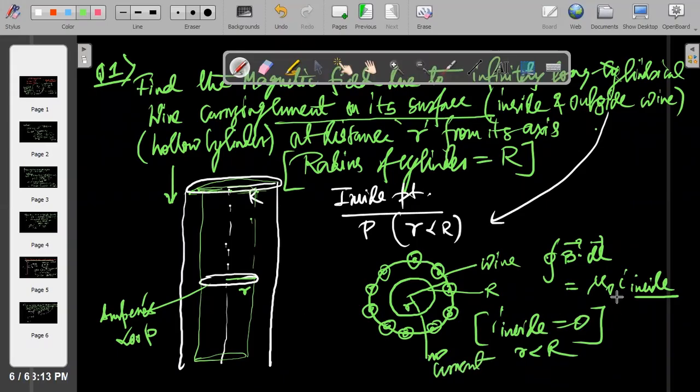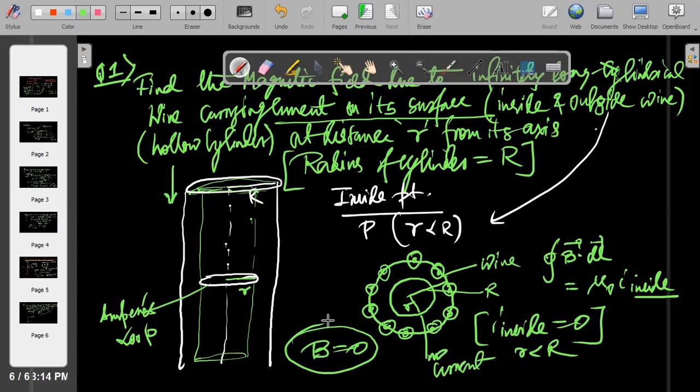So if no current is there, B is equal to 0. No magnetic field will be there. So the magnetic field will be 0 when r is less than R, since no current is flowing inside the Ampere's loop.